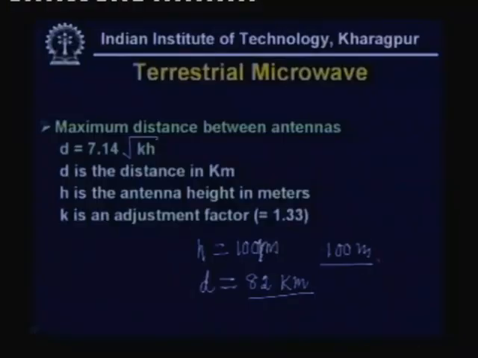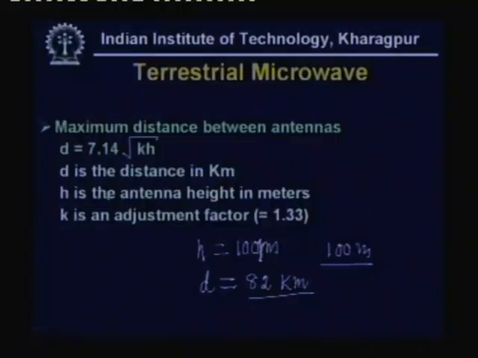That is why you will find repeaters at about 60 to 80 or 100 kilometer distance, because antenna height is typically around 100 meter. For example, if you come from Calcutta to Kharagpur, near Paspura, which is midway, that means around 60 kilometer, you will find microwave towers which are acting as repeaters between the signals coming from Calcutta to Kharagpur or Kharagpur to Calcutta.